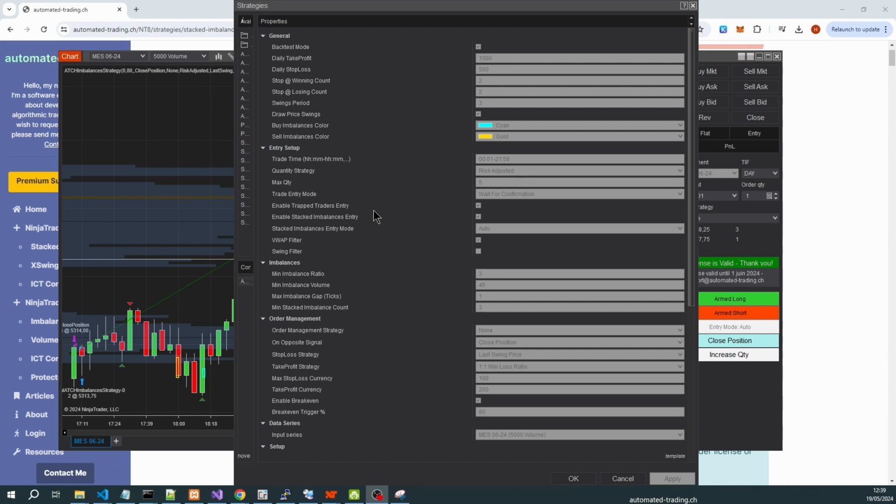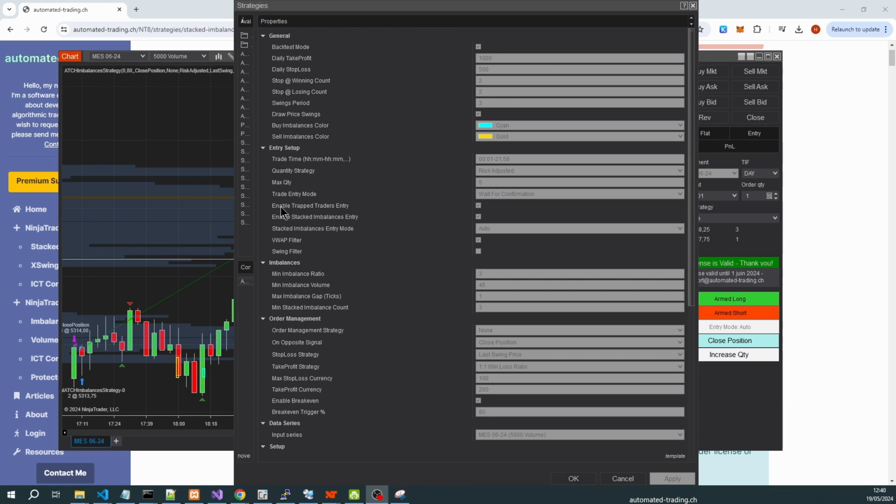The stacked imbalance entry is the normal, or the direct, way to consider an imbalance. If we see an imbalance, we think that the price will follow this aggressive buying or selling, and we expect the price to follow whether it is a buy side imbalance or a sell side imbalance. So this is the stacked imbalance entry.